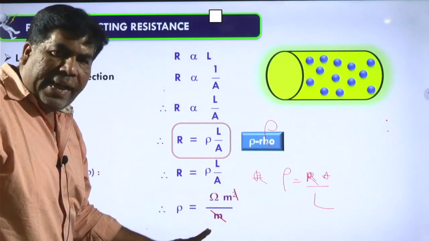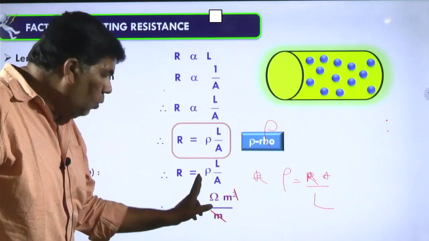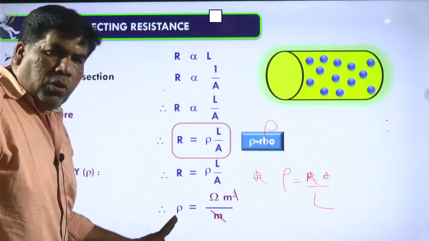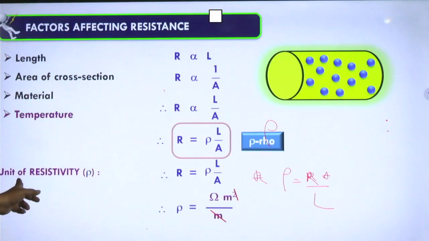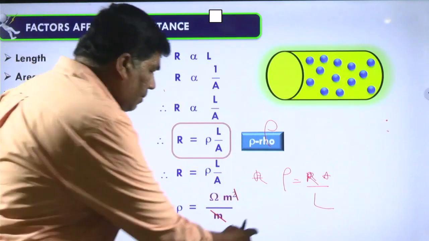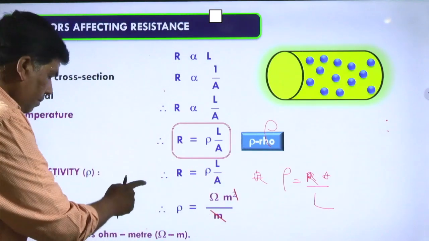One meter gets cancelled. So rho equal to ohm meter will remain. So the unit of resistivity rho is ohm meter.